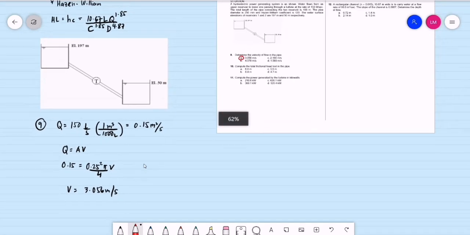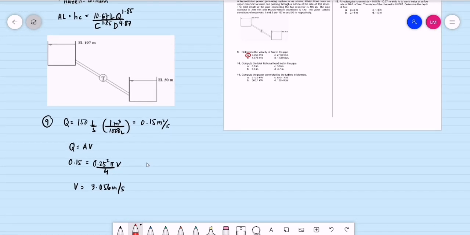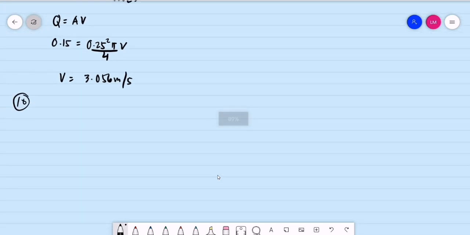So that will be the time that we are going to use our formula. For question number 10, how do we compute the head loss using the Hazen-Williams formula? This is h sub C equal to 10.67 multiplied by the length, the discharge raised to 1.85, divided by the Hazen-Williams coefficient or the pipe constant raised to 1.85, the pipe diameter raised to 4.87.